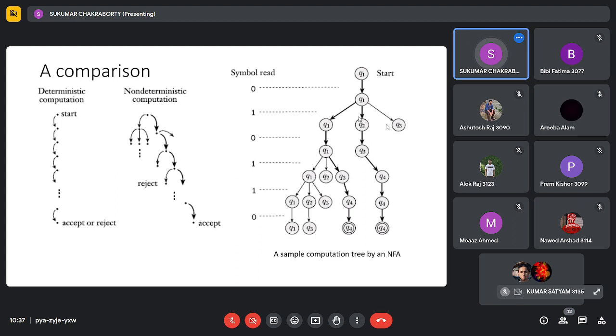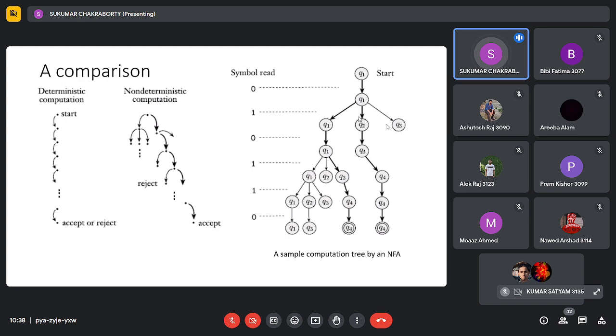From q1, seeing the symbol 0, then a 1, it goes on to q1, q2, or q3. Then a 0: q1 goes to q1, q2 goes to q3. Then again a 1: q1 goes to q1, q2, q3, and q3 goes to q4. So it goes on like this, the tree. Finally the final set of states is q1, q3, and q4.